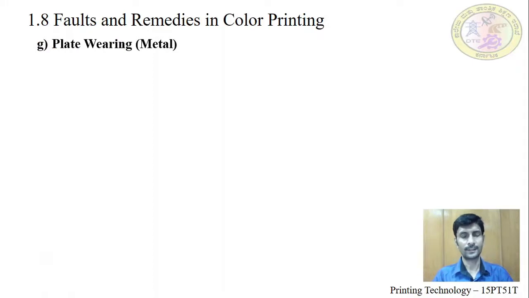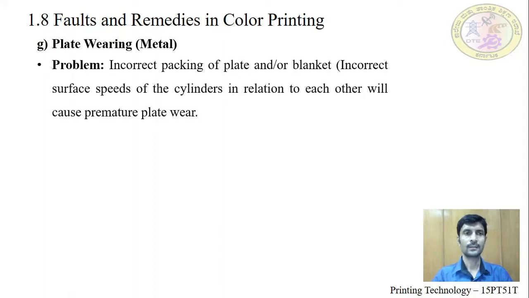Plate wearing. Incorrect packing of the plate and blanket, and the surface speed of the cylinders in relation to each other, will cause the plate wear. If the amount of pressure between the plate and blanket cylinder is improper, it may be caused by the packaging given behind the plate and blanket cylinder.